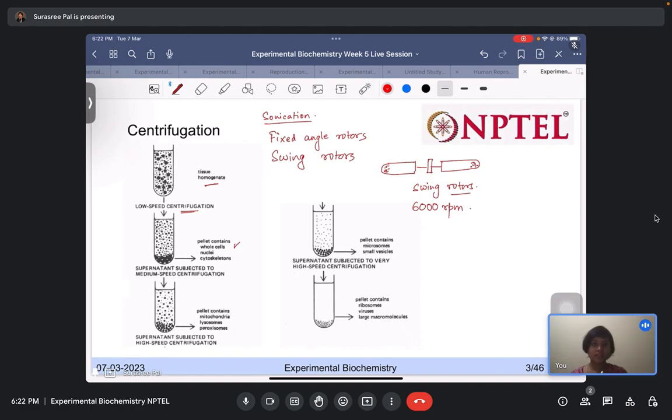So this is pelleting the bacterial cells. The next thing we can do is dislodge the pellet or dissolve the pellet.